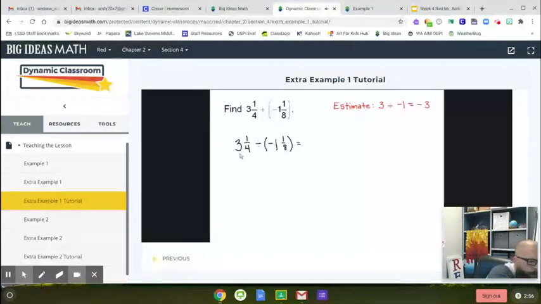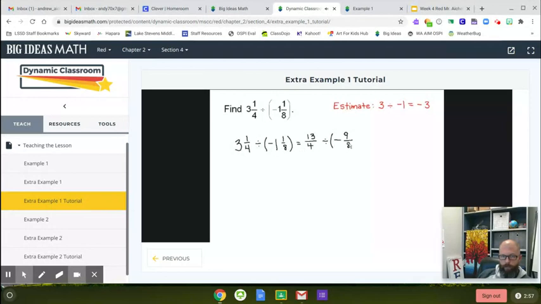Then we keep 4 as the denominator. We keep our division, and then to write negative 1 and 1/8 as an improper fraction, we'll keep our negative sign, and then multiply 1 times 8, which is 8, and add 1, so we have 9 in our numerator, and we keep 8 as the denominator. So we rewrote the problem as 13/4 divided by negative 9/8.